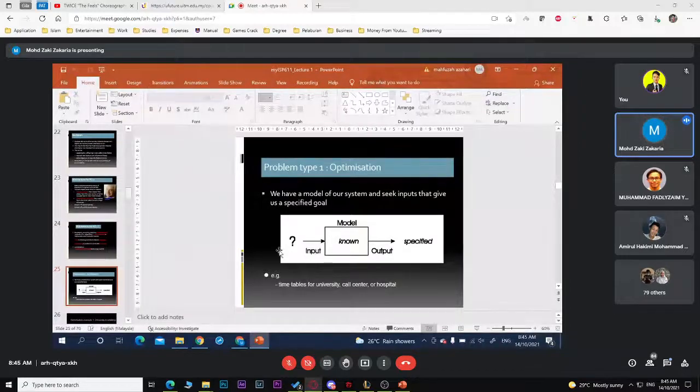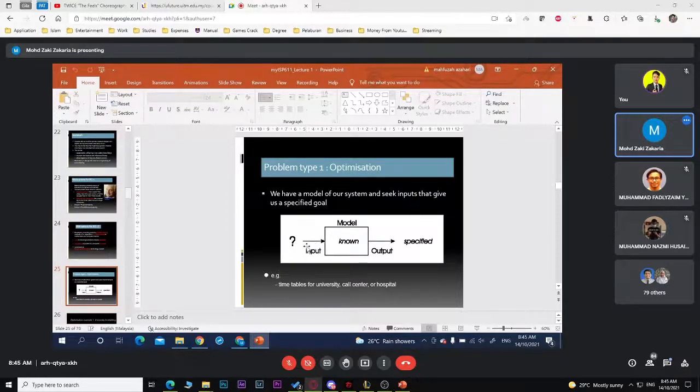Consider this figure. We have a model for our system and seek input that gives us a specific goal. For example, input like a delivery system.